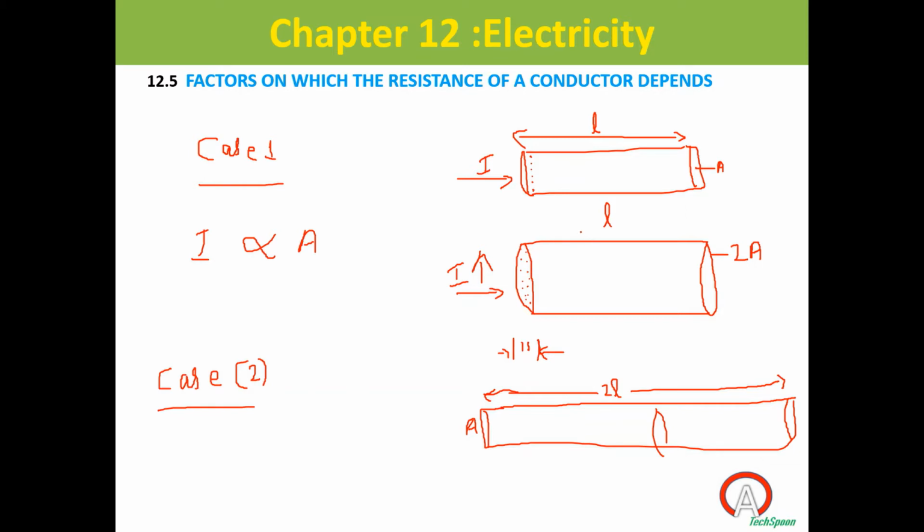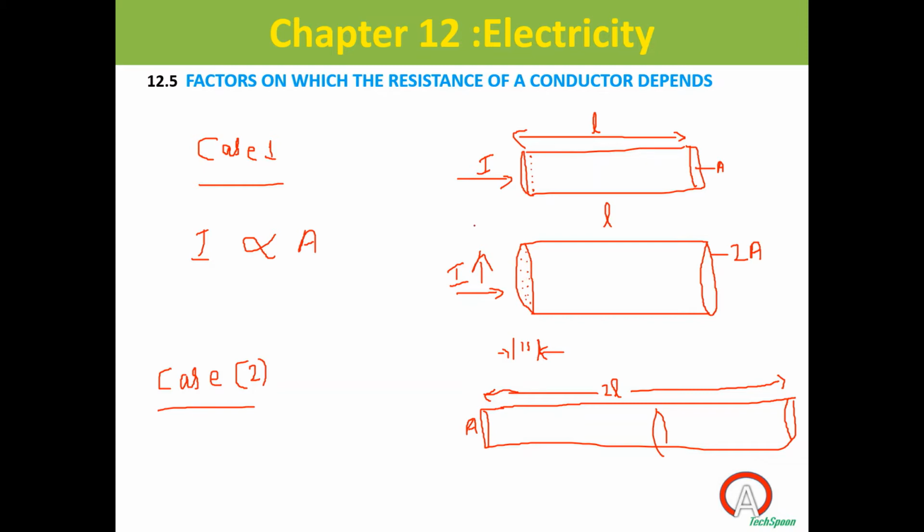Otherwise, you can remember it in such a way that first you study how the current varies according to the area of cross section. That is very simple to remember. This case 1 we can compare with a small door and a big door. This is big door, this is small door. Through the big door we can pass more amount of charges. So when area of cross section increases, more current.